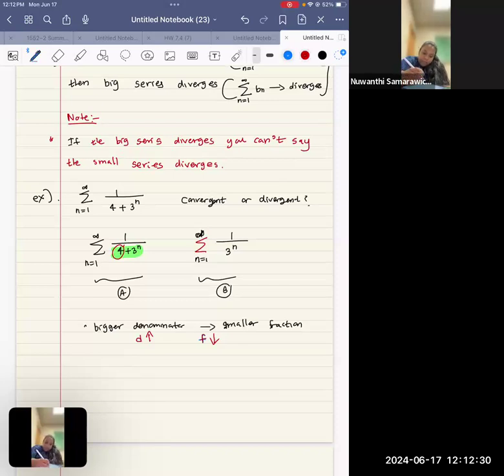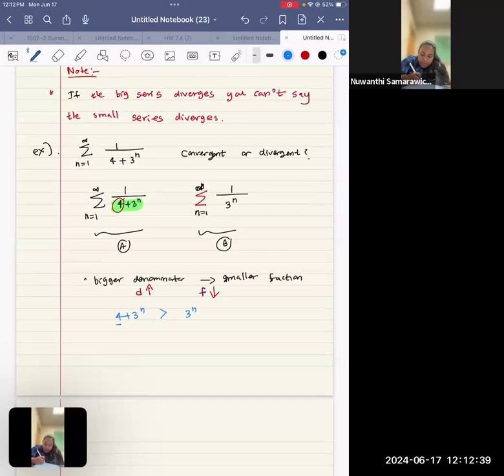So here, 4 plus 3 to the power n is bigger than 3 to the power n, because we are adding a number here. So when you take the reciprocal, this sign flips and we get something like this.